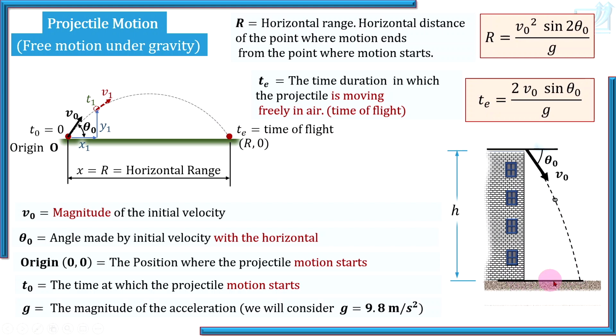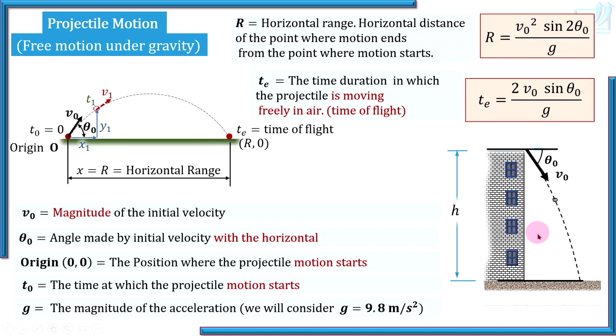It is the horizontal distance from the point where motion starts to the point where motion ends. With reference to the origin, this is the y coordinate and this is the x coordinate of the point where motion ends. If you want to find the range, you should find this distance. But you cannot find this distance using the range formula, because this formula is derived for the particular situation.